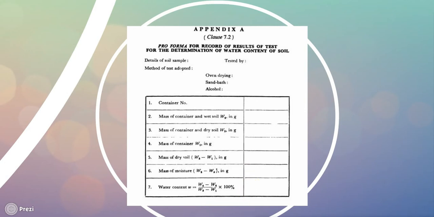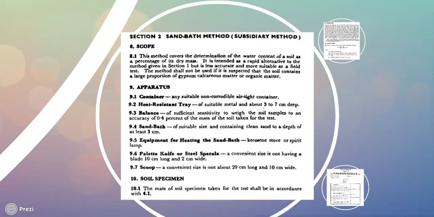Let us go to the next method, which is the sand bath method, a subsidiary or field method. It is not as accurate as oven drying, but it can be adopted on field or in absence of the devices.